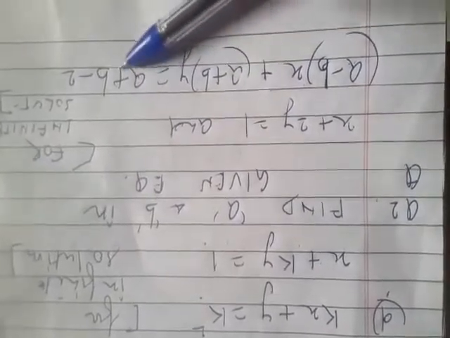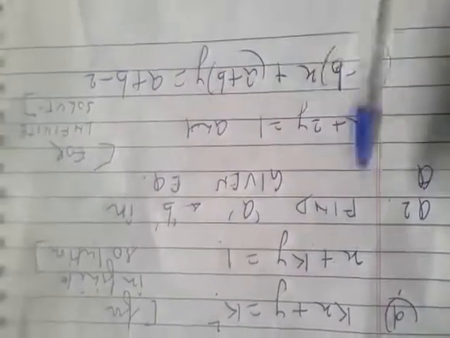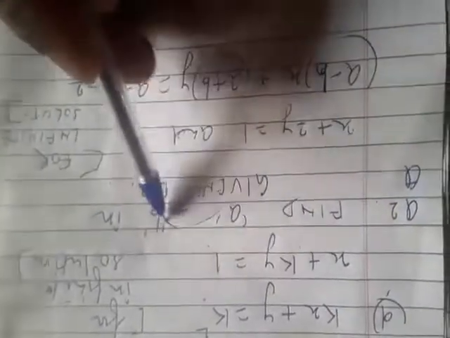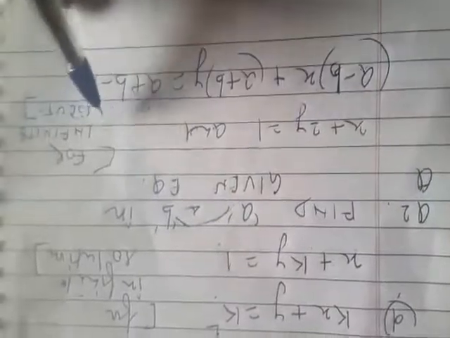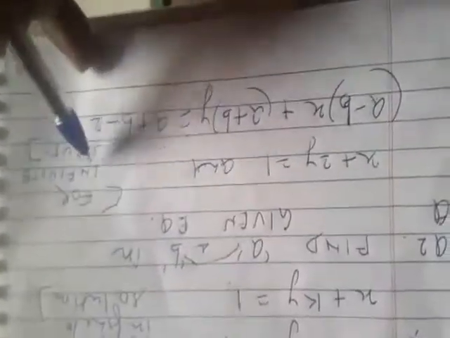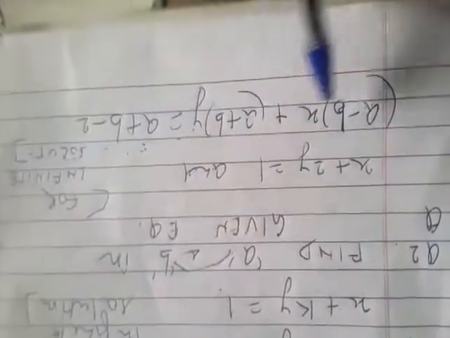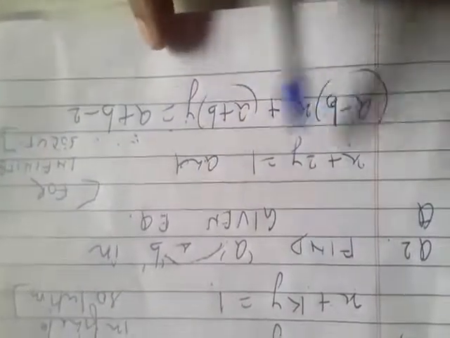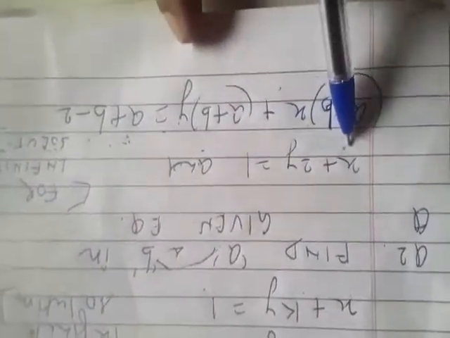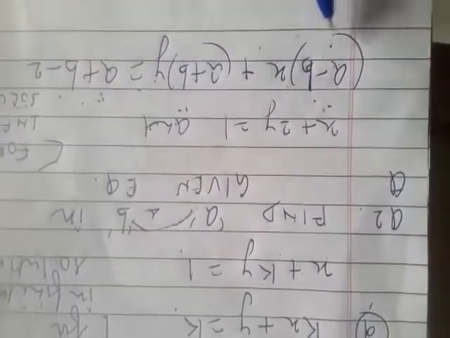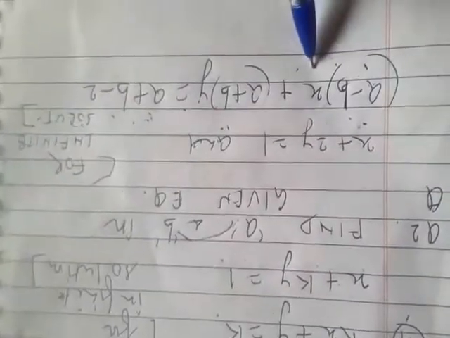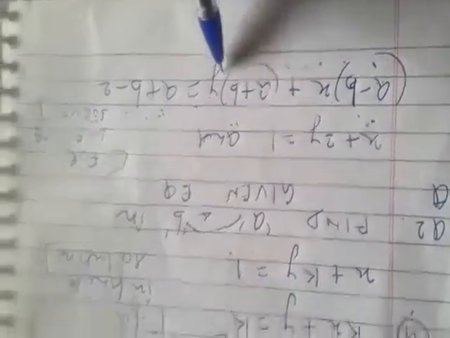Here we have two unknown terms. You have to find the values of these two unknown terms for an infinite number of solutions. Equation number 1 is x plus 2y is equal to 1, and equation number 2 is a minus b into x plus a plus b into y is equal to a plus b minus 2.